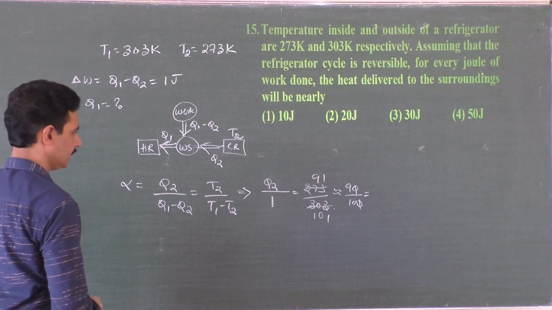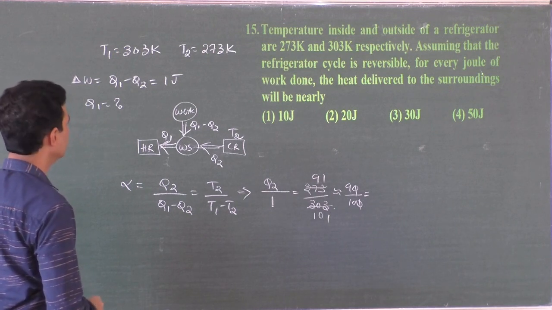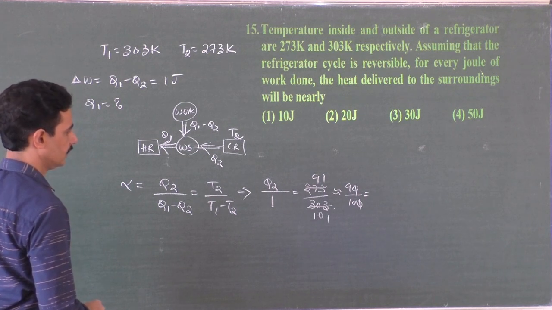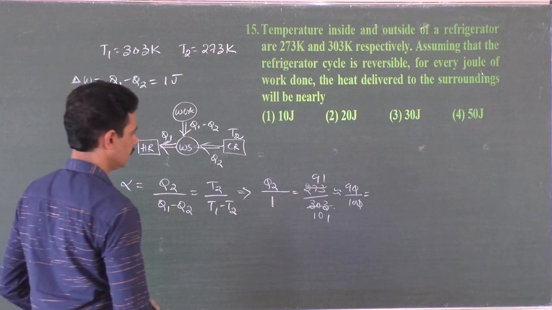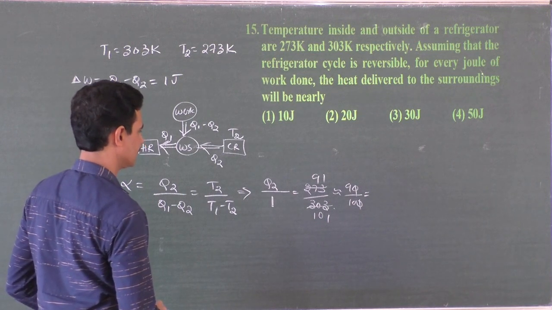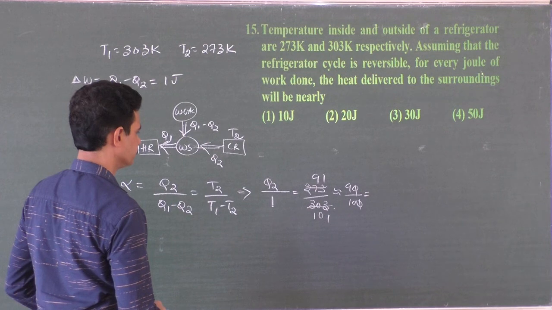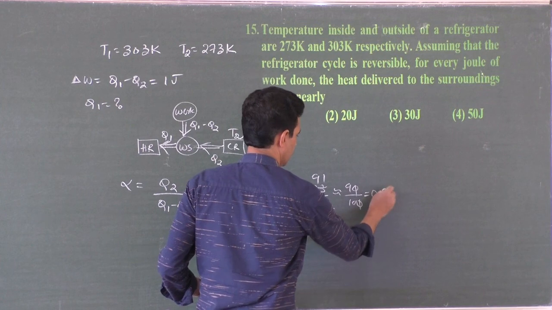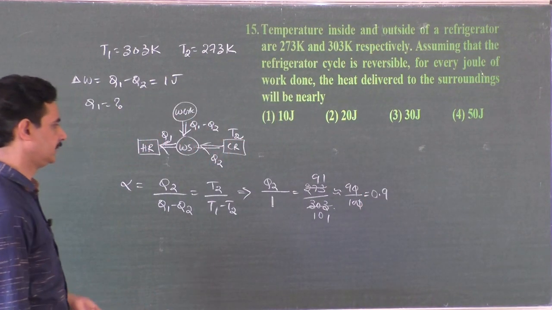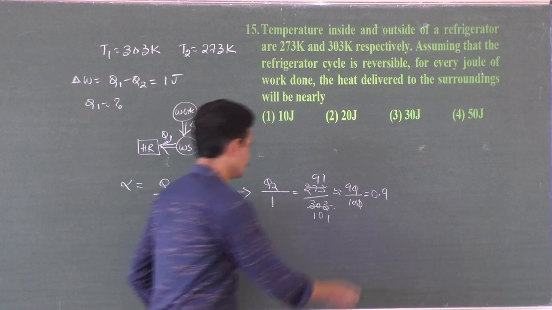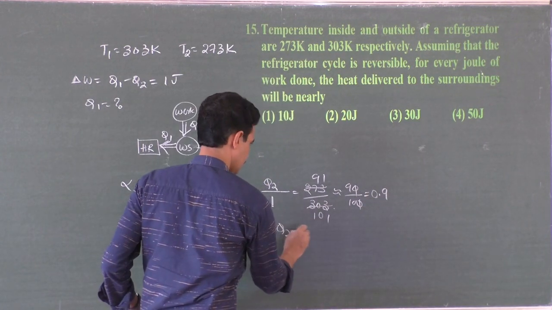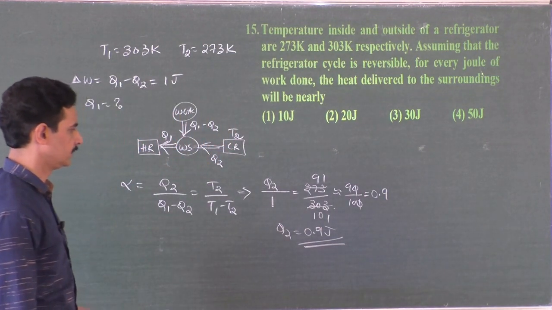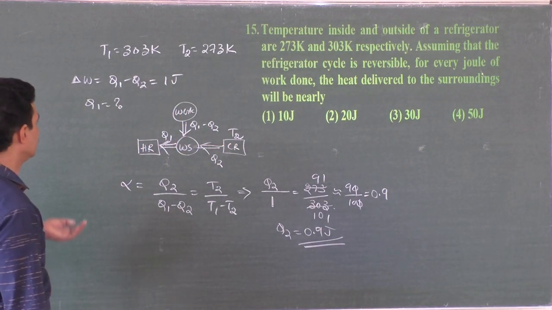So it becomes Q2 is 0.9 joules, or almost 1. Somewhere we have gone wrong. Yes, 0.9, I will edit it as 0.9. If Q2 is 0.9 joules, then what is Q1?